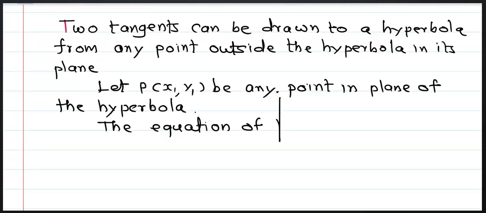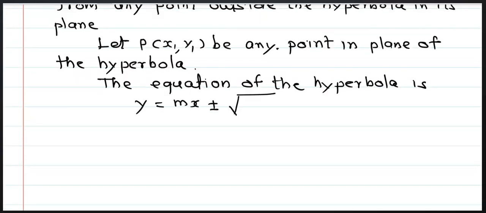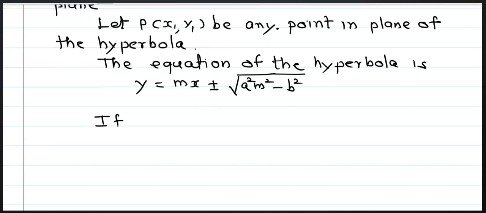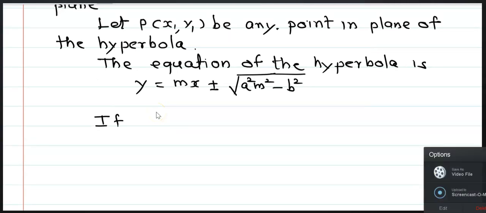The equation of the tangent to the hyperbola is y is equal to mx plus or minus the square root of a square m square minus b square.